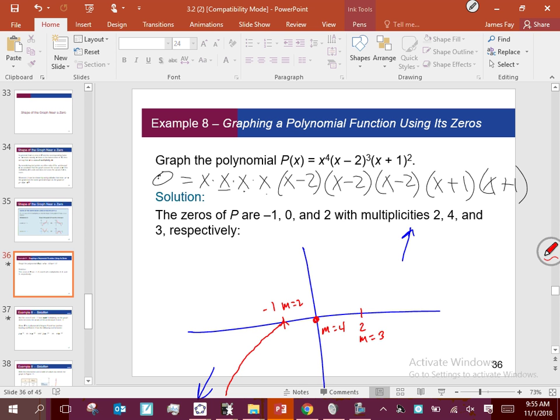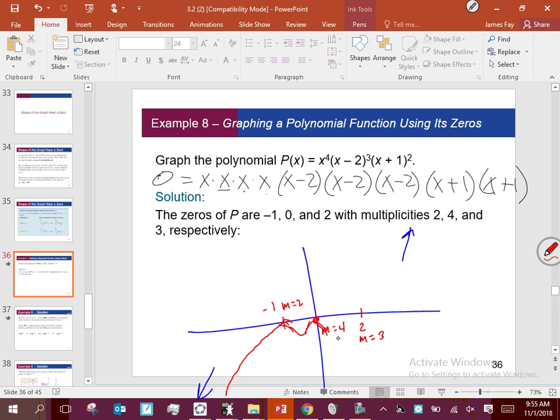If I bounce down, and I have to go back up through this, don't I have to turn at some point? So let's turn, and I get to that x-intercept with multiplicity of 4. What's that tell me? Bounce back down, right? Even multiplicity tells you to come tangent. And I keep going.